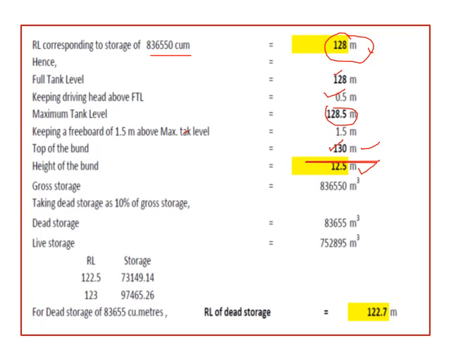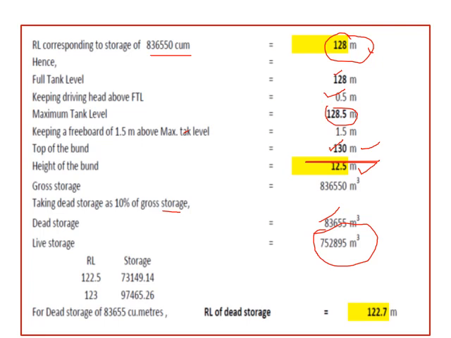It is not the survey level up to which you do the survey and construct the bund. The bund height has to be decided upon the volume of storage that you can have, which will depend upon the rainfall in that particular area. Now taking 10% as the gross storage, you can decide what the gross storage is. This is the live storage, which is 752,895 meter cube.